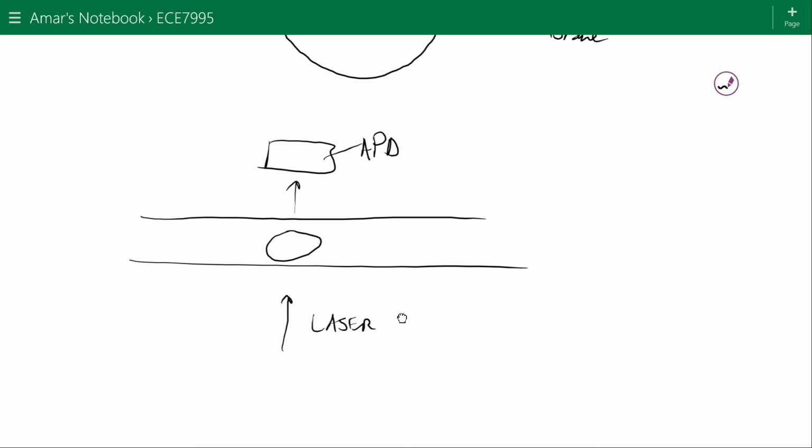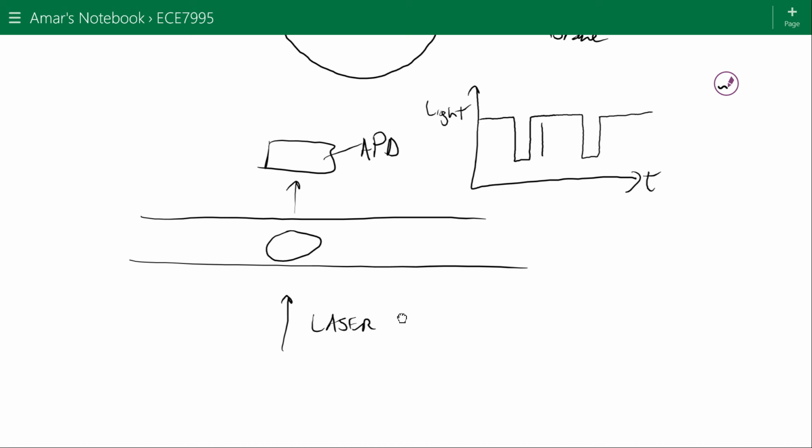So as a result, the signal that you'll see here versus time, this is the detected light, you'll end up getting pulses like this. When the cell passes by, the light will drop down a little bit. Another cell passes by, the light will again drop down a little bit.